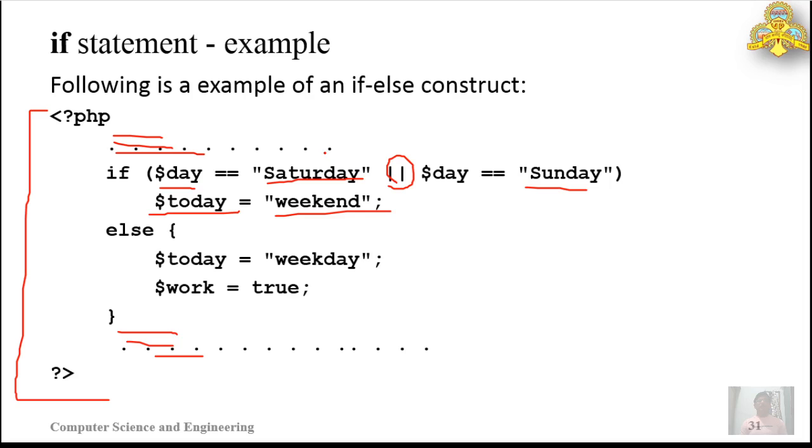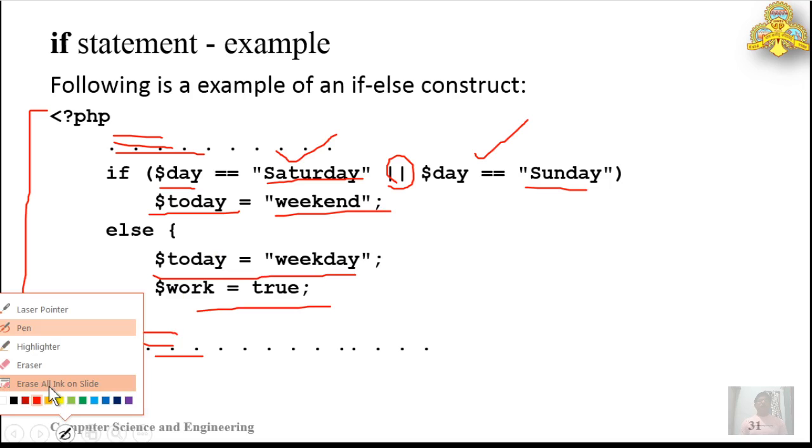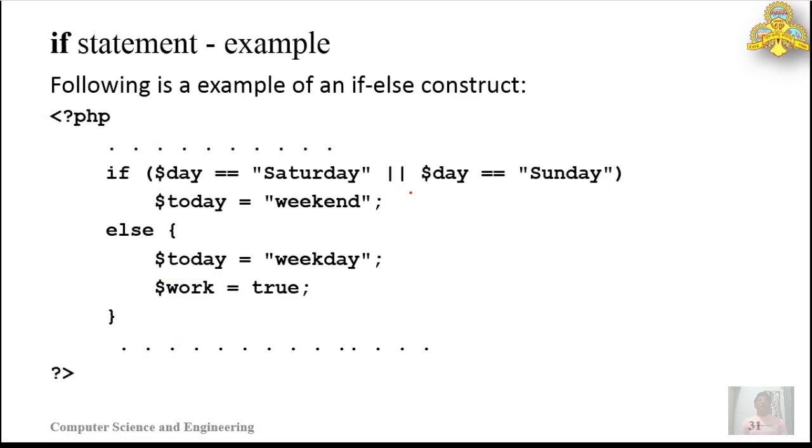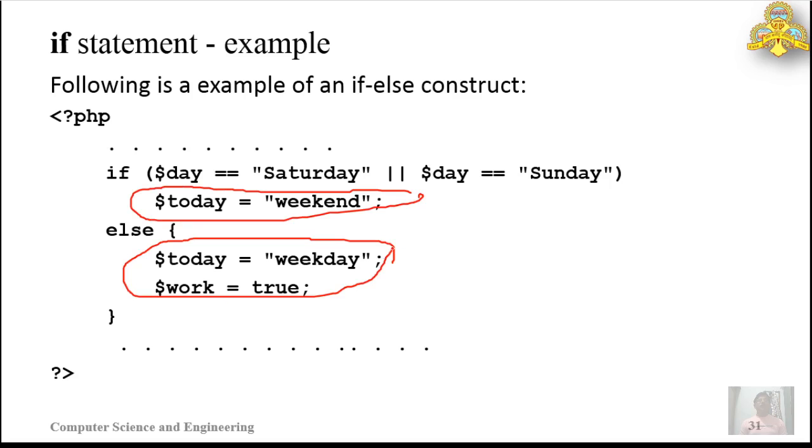Else, if the expression evaluates to false, then I will store in the variable $today as weekday and work is true. So the execution of this statement or this group of statements depends on this boolean expression.